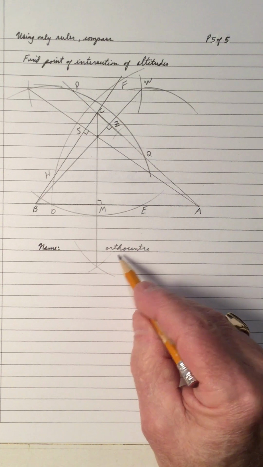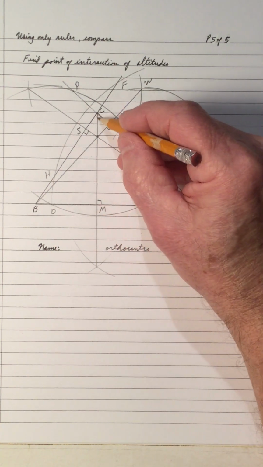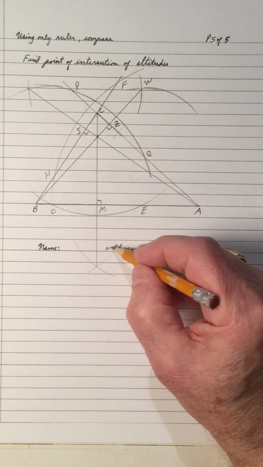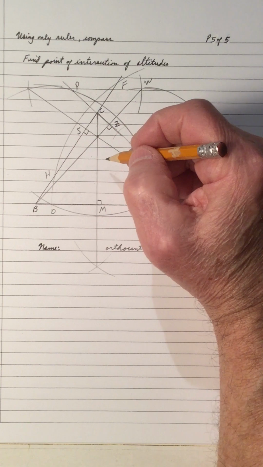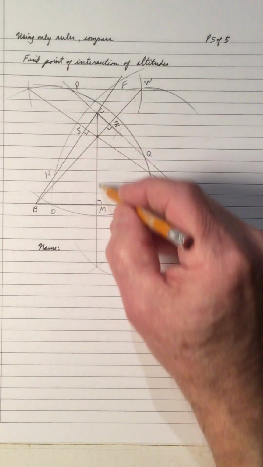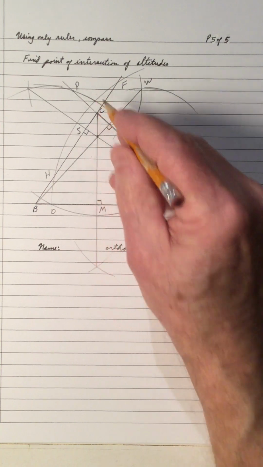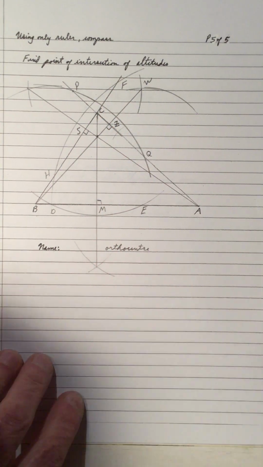Ortho means right or straight up. I just looked at the dictionary, and you see straight. So there's a right angle, right, straight. So again, the altitudes meet at the orthocenter.